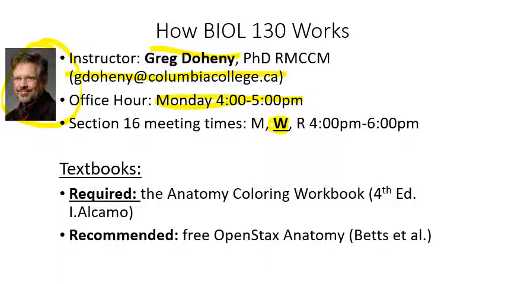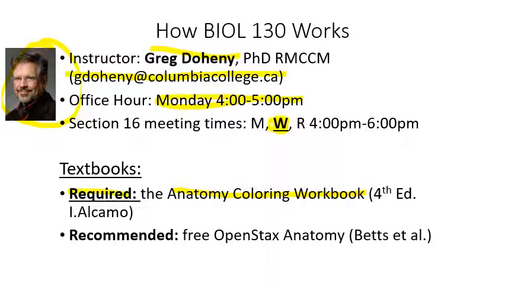As for the textbooks, there are 2 textbooks that you can use for this course. One of them is a required textbook, which is called the Anatomy Coloring Workbook by Edward Alcamo, the 4th edition. You will absolutely need this book because you'll be using it every week. You'll be reading it every week and using it as a reference guide every week. You can order it through Amazon.com or .ca or a lot of other places. Chapters sells it.